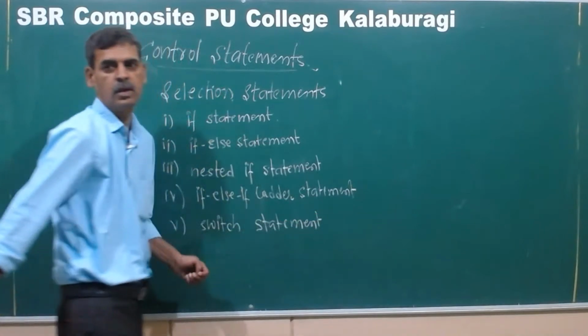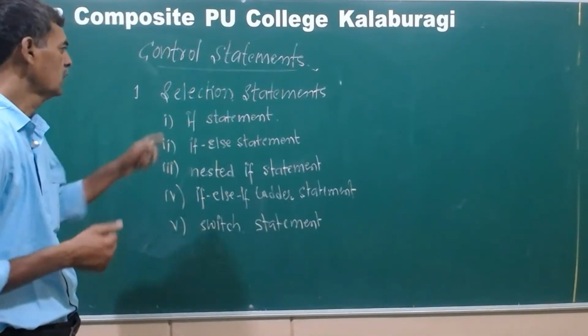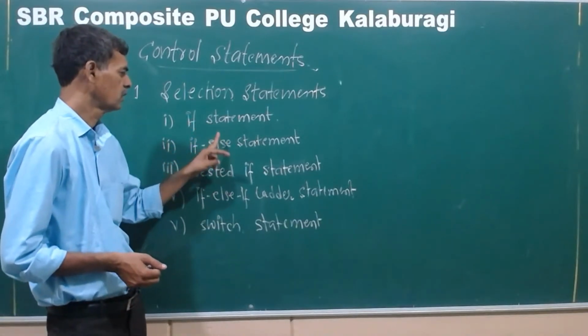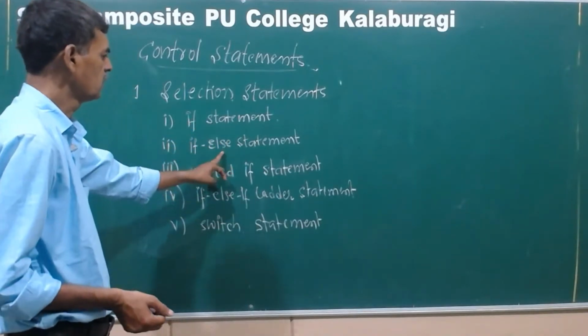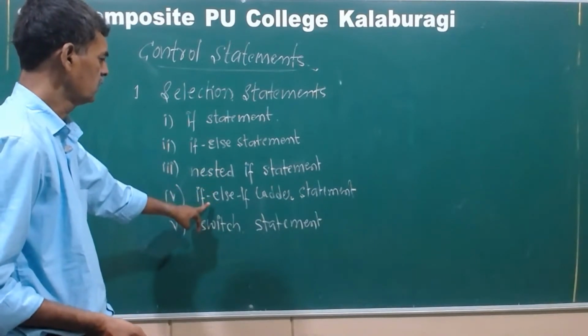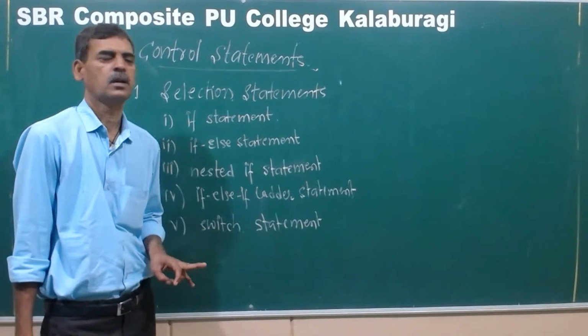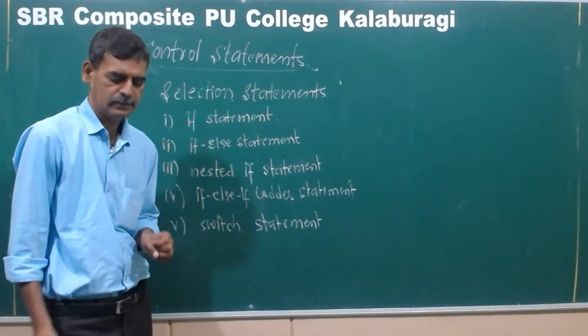Okay, these are the 5 types of selection statements: if statement, if else statement, nested if statement, if else if ladder, and switch statement. So first we start with the if statement.